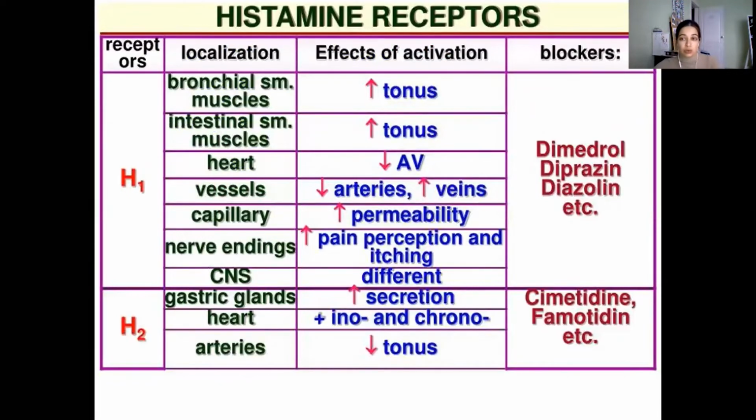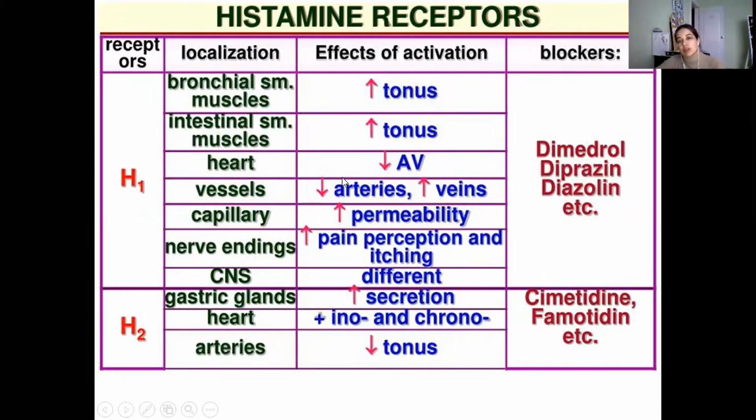Let's see what the histaminic receptors in our body do. H1 receptors are located in bronchial smooth muscles, and they increase the tone of smooth muscles. So by blocking them with these drugs, diazolin, dimedrol, we reduce this. In the intestinal smooth muscles, again, increasing the tone. In the heart, reducing the atrioventricular conduction.